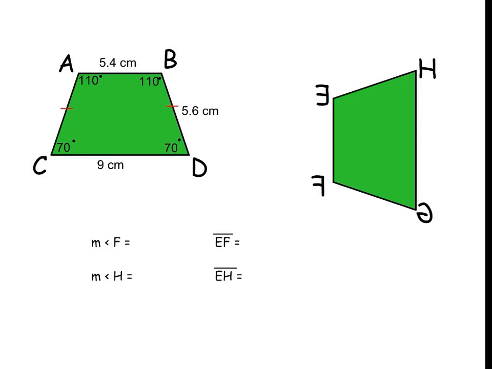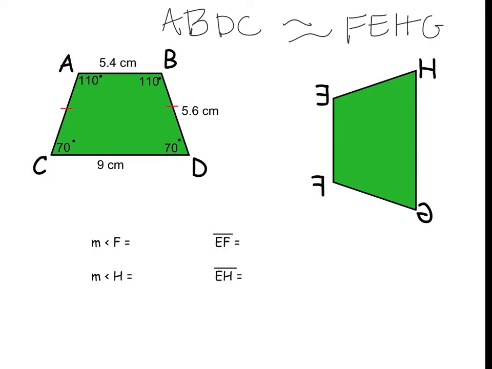In this picture, we have polygon A, B, D, C, and it is congruent to polygon F, E, H, G. We've been given four things to figure out.